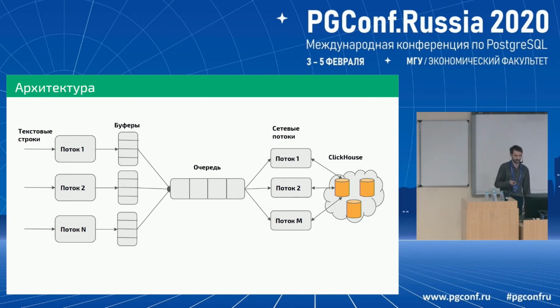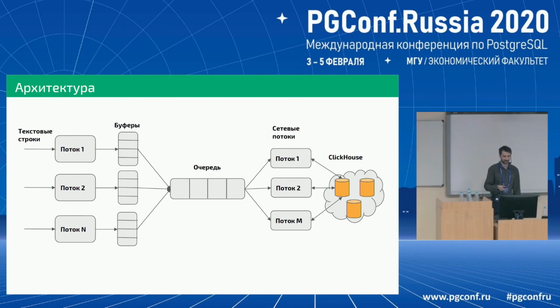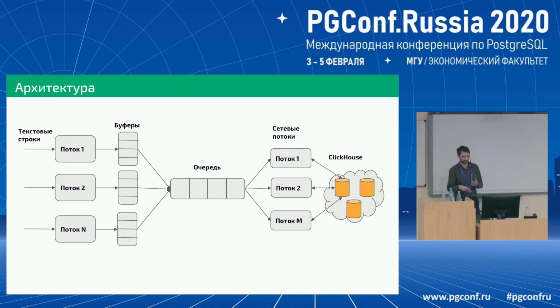Greenplum serializes rows, and then it sends them to streams, to flows. They run inside the PXF module. These rows go to buffers. They are added to a queue, and also we have network flows to calculate these threads, and then they are sent to ClickHouse.